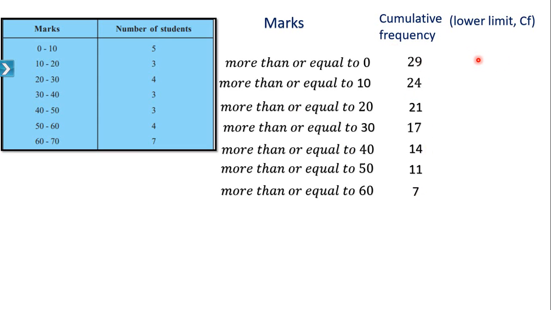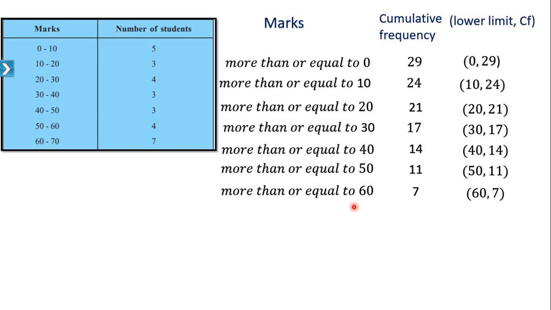Now, to plot the points, write the pairs of lower limits with their corresponding cumulative frequencies. That is, first pair is 0, 29, then 10, 24, 20, 21, 30, 17, 40, 14, 50, 11, then 60, 7.